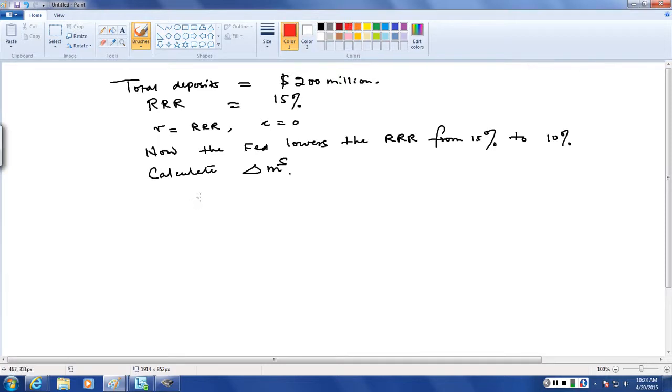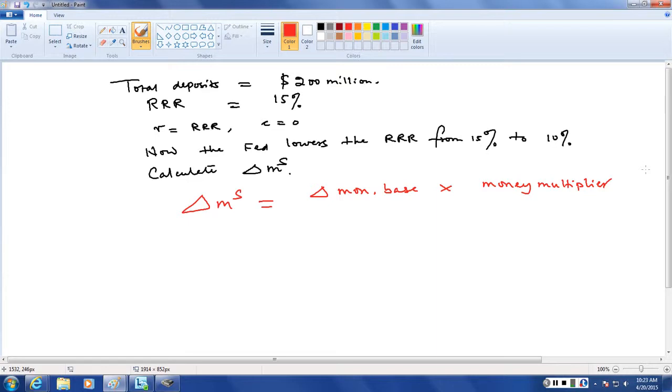By that formula, the change in the money supply is equal to the change in the monetary base times the money multiplier. Is that correct? But in this particular question, this equation will change a little bit, and it'll change in the following way.